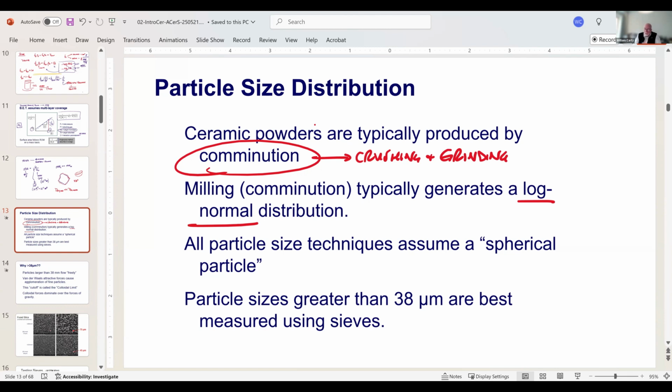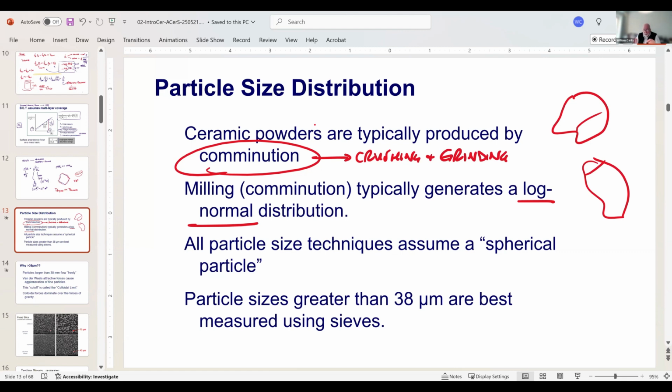So you get a particle like this. Oh, it breaks off like that. That would be ideal, perhaps. But maybe it's shaped like this and it breaks a little part off, right? And so what you get is that attrition, that grinding of these powders, gives me a distribution that is very broad. We're going to talk about particle size distributions here in a minute.